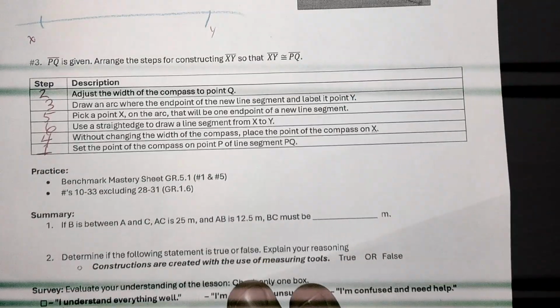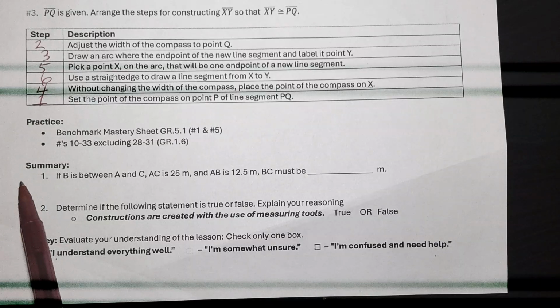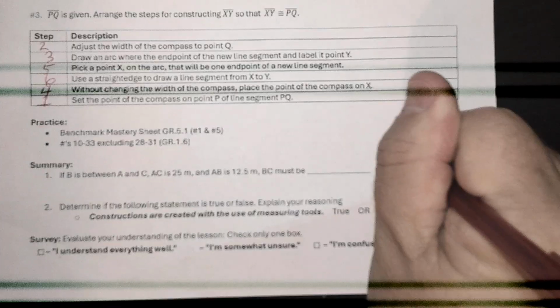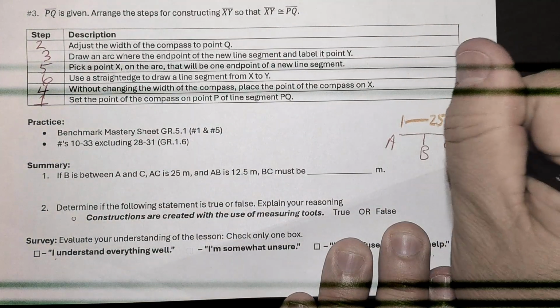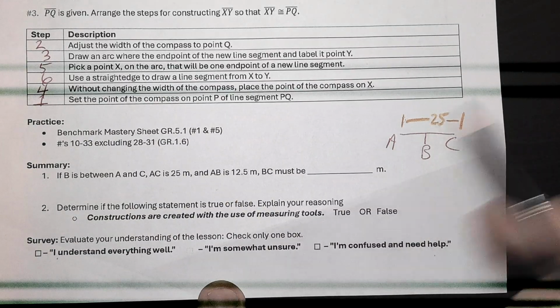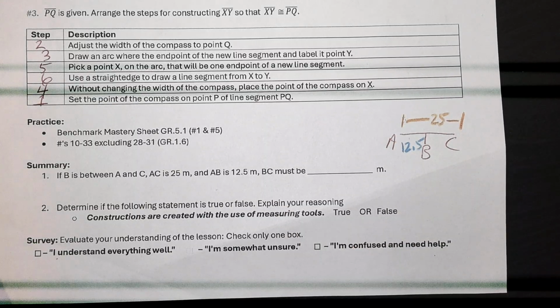Skipping here, obviously we're going to do the practice in class, or we'll have something set up for you, a worksheet, or it may be on McGraw-Hill. But in summary, if B is between A and C, and AC is 25, and AB is 12.5, they want to know what BC is.